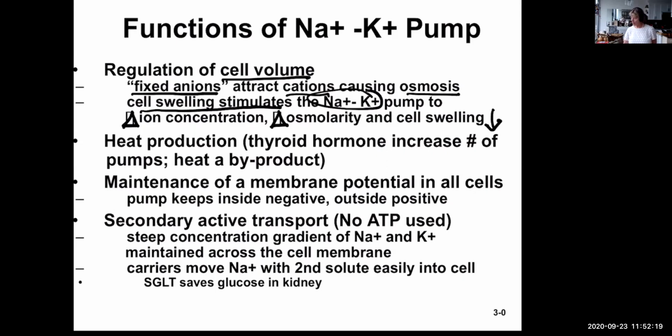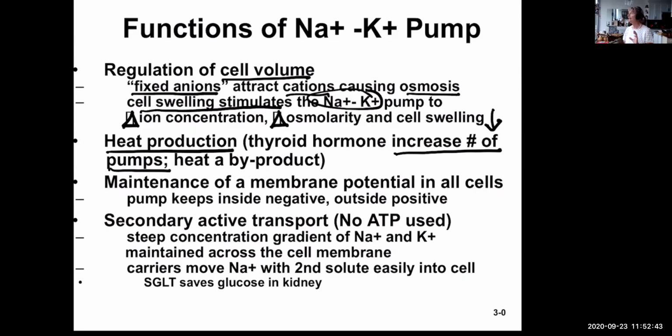Another function of the sodium-potassium pump is heat production. So the thyroid hormone will increase the number of pumps in order to produce heat through the action of the sodium-potassium pump. Every chemical reaction in the body creates heat as a byproduct. The earth is always going from order to disorder.